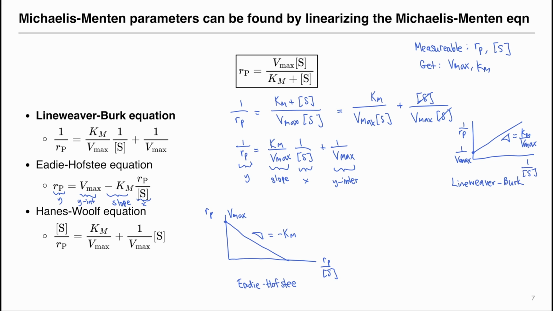And for the Hanes-Woolf equation, we have y as S over R of P, and x is simply S. We can draw a graph. On the x-axis we have S, and on the y-axis we have S divided by R of P for the Hanes-Woolf equation.